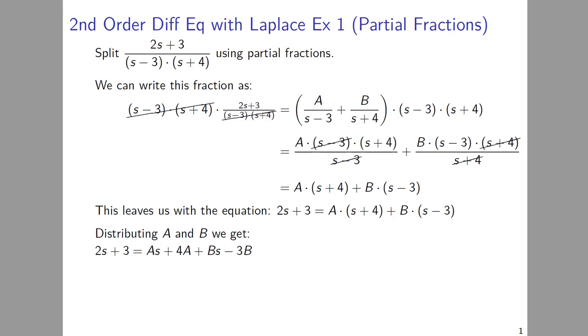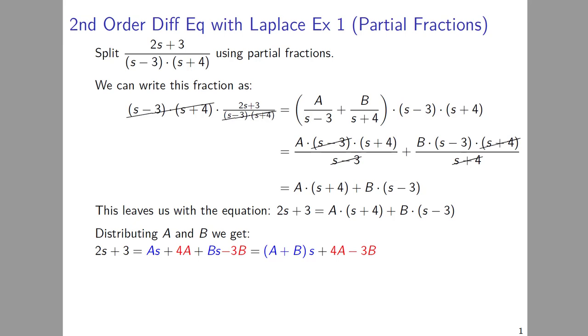Now, what we'll do to figure out A and B is to combine like terms and compare our coefficients. Our coefficient of s comes from As + Bs, which we can factor as (A + B) times s, and our constant will be 4A - 3B.